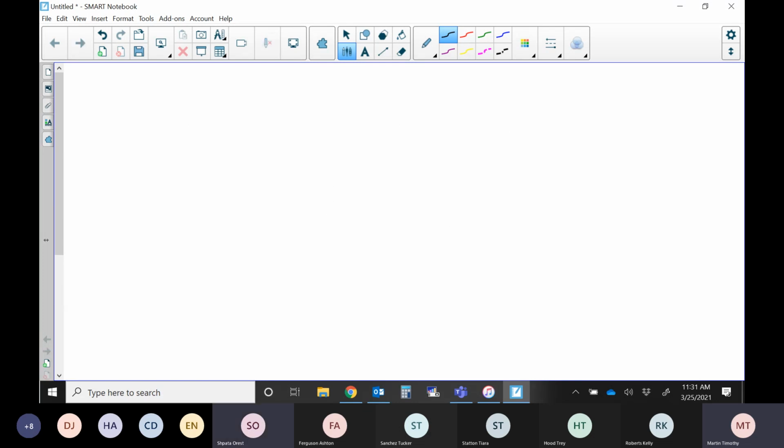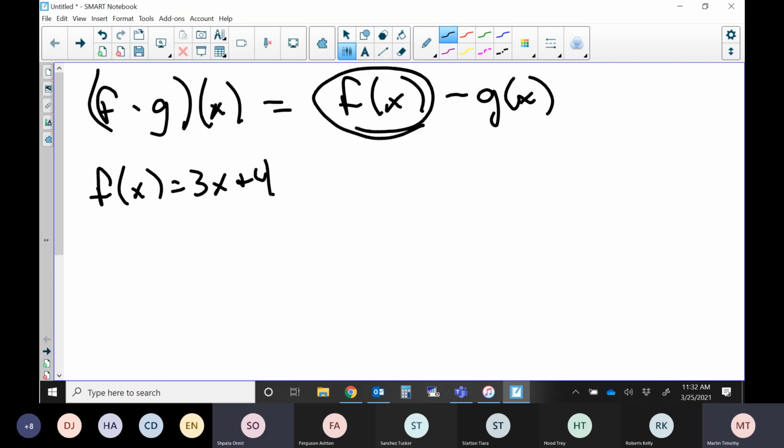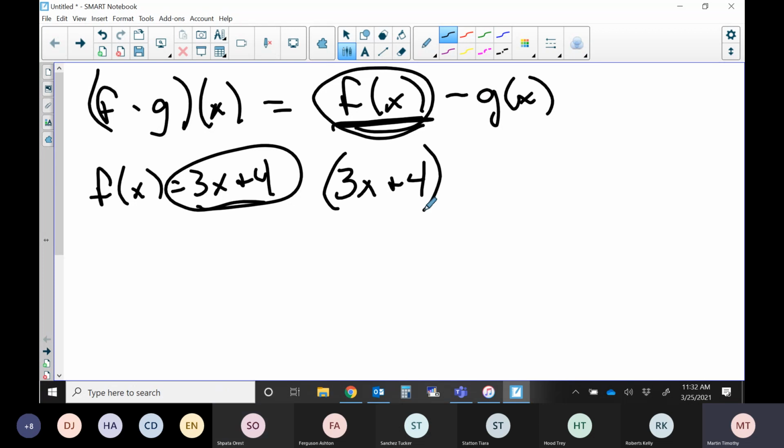Well, what I'm telling you is when I say f minus g of x, what this tells you is you're supposed to take the f function and minus the g function. And when I tell you that the f function equals 3x plus 4, instead of writing the f here, you can write what it equals in its place. So you can take this out and put 3x plus 4 in its place. But whenever we do that, we use parentheses, especially when we have a subtraction, because when I put my subtraction here and I put another set of parentheses, you have to distribute that negative.